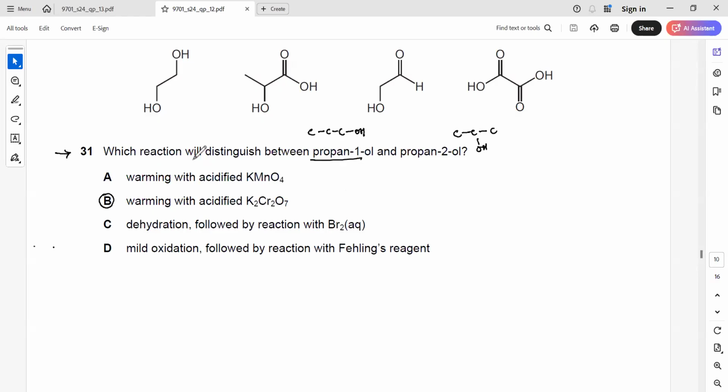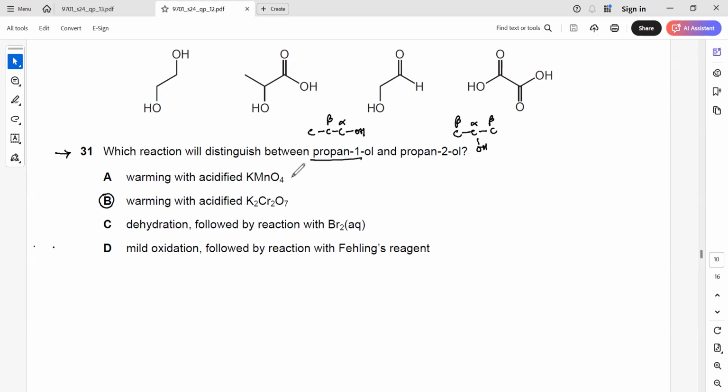They are asking for the reaction which will distinguish between the primary alcohol, with alpha carbon and beta carbon, and here it's the secondary propan-2-ol. They are saying option A, warming with acidified KMnO4.